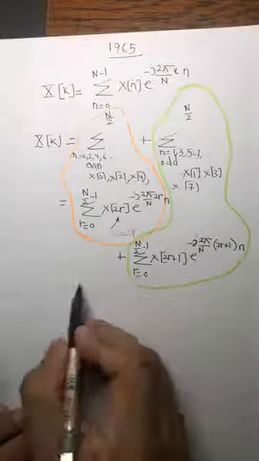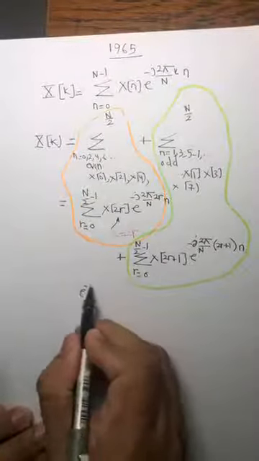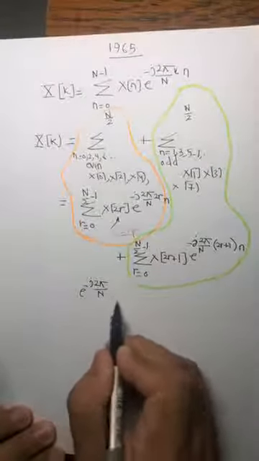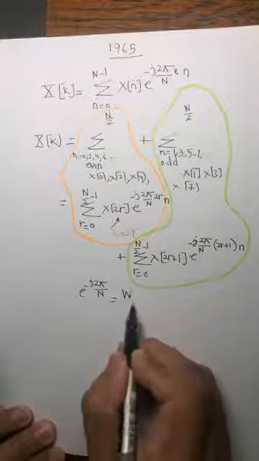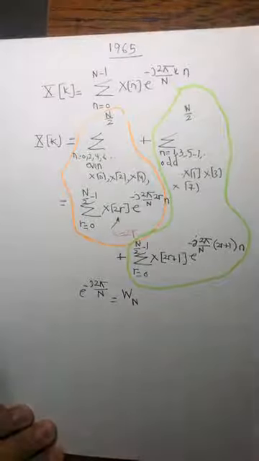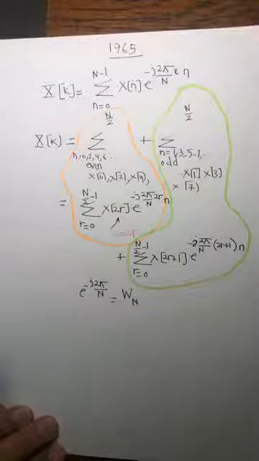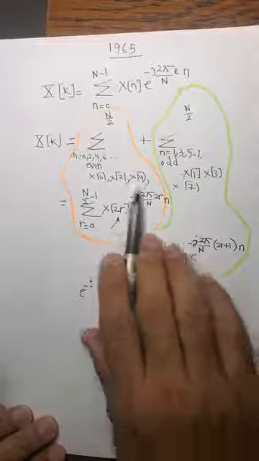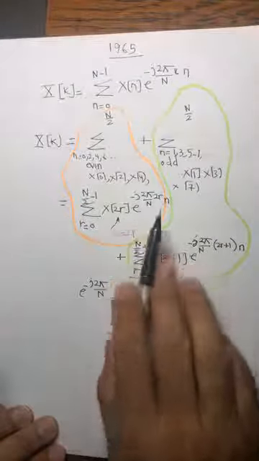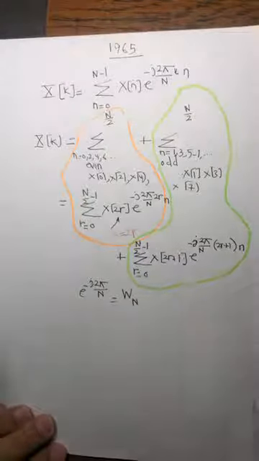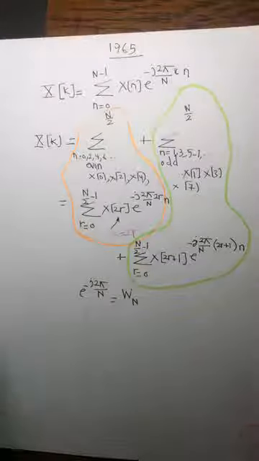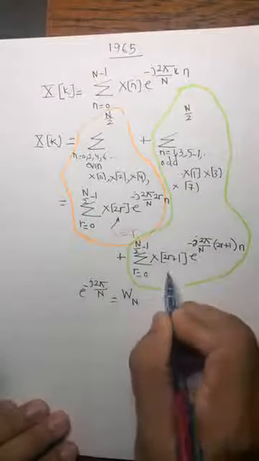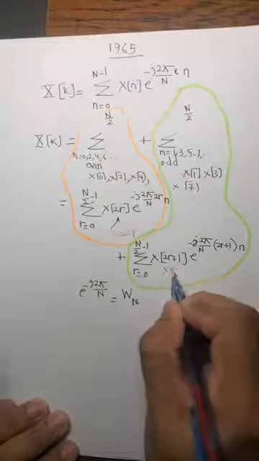They would also write exponential minus j 2 pi over n as w n. Just remember this. So you can replace this whole part as w n, and I'll be using it in a while. But this is very simple. Once you put r equal to 0, you get x of 1.